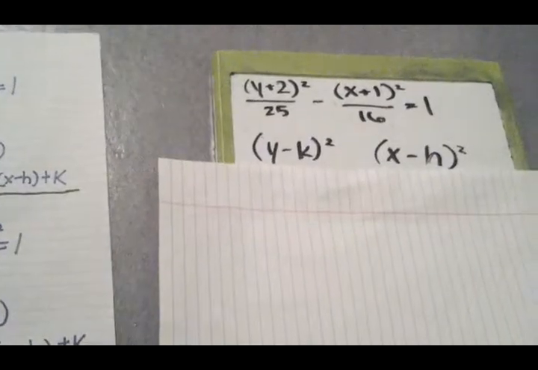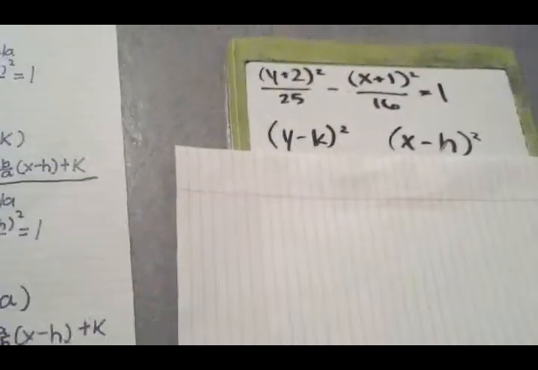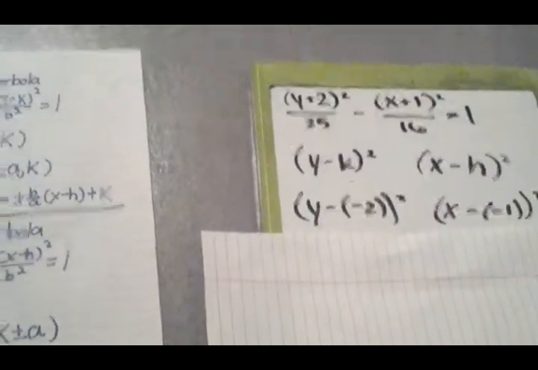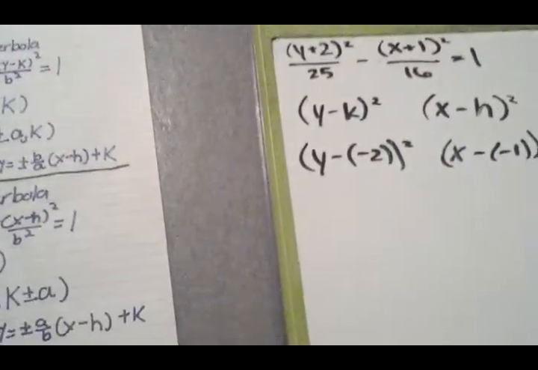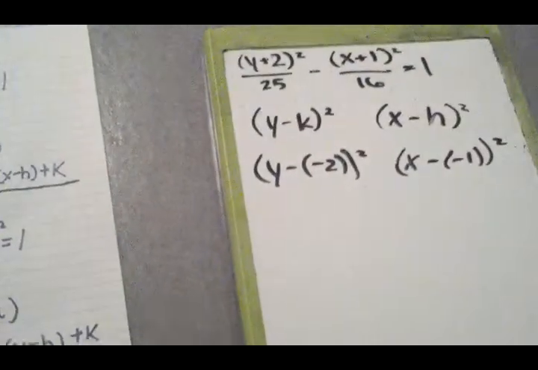The center is (h, k). The general form is (y minus k) squared and (x minus h) squared. But for the equation to have (y plus 2) squared, that means k has to be negative so that the negatives cancel out. Same thing applies for the x.